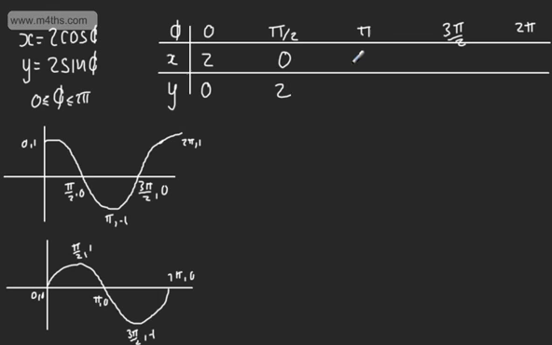If I now take the cosine of pi is minus 1, 2 lots of minus 1, that's going to give me minus 2. If I take now sine of pi is 0, so that's going to be 0. If I now take this one right here, 3 pi by 2, cosine of 3 pi by 2 is 0, and then the sine of 3 pi by 2 is minus 1, so that's going to give me now minus 2. And then of course we can see this is just going to be replicated.